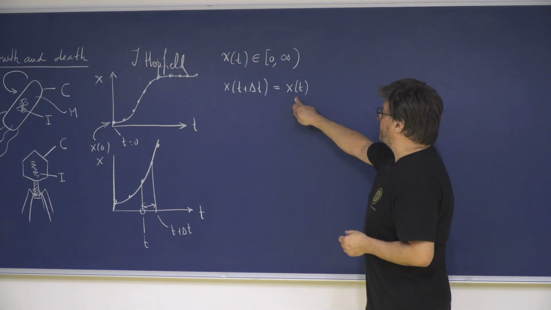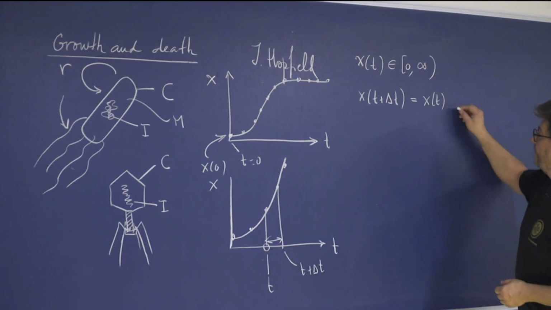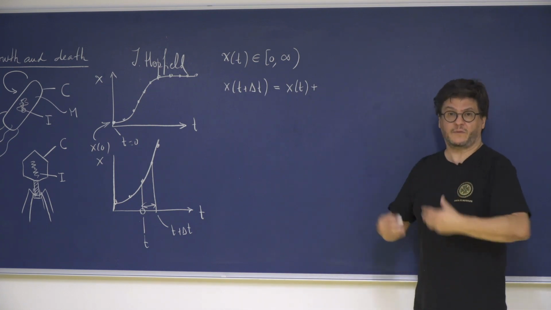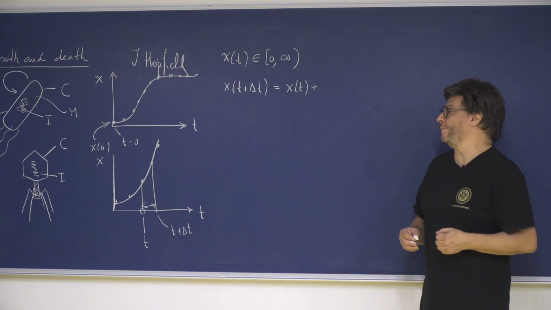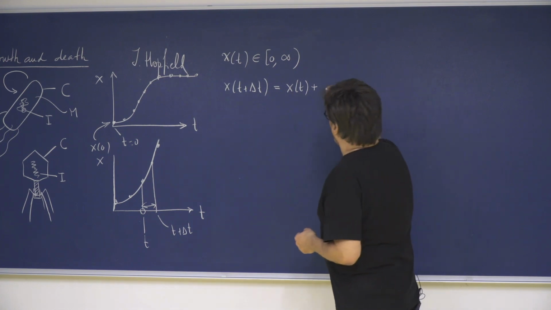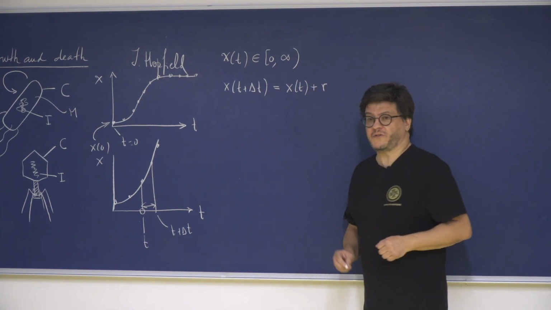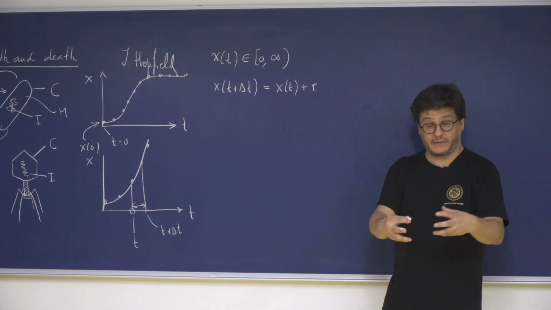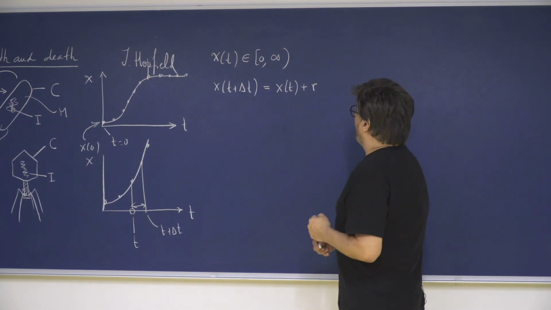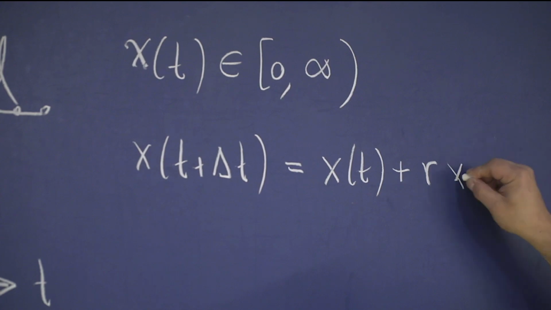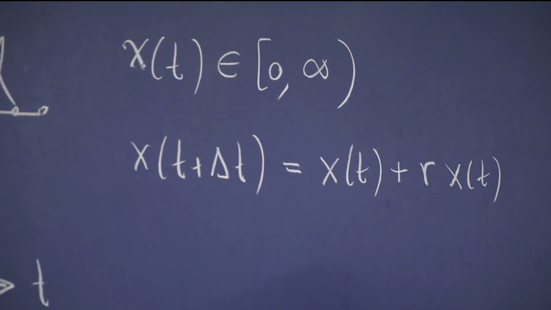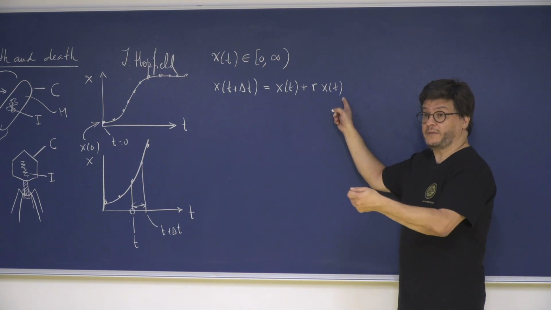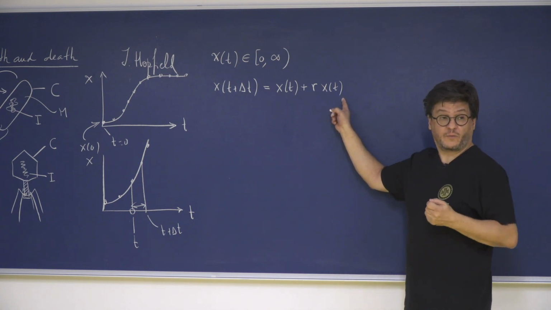So I have the ones that already had at this time, and now, how many extra individuals I'm putting in the system, okay? Well, this has to be proportional to the efficiency of the process, so how quickly I replicate, right? How many offspring I put in the system. On the other hand, that's a very important part of the story. The more individuals I had, the more can replicate. Okay, so it has to be proportional to that quantity.